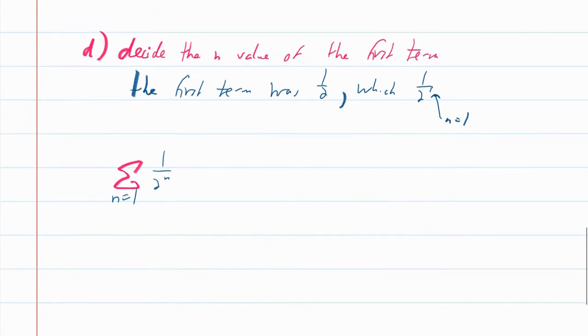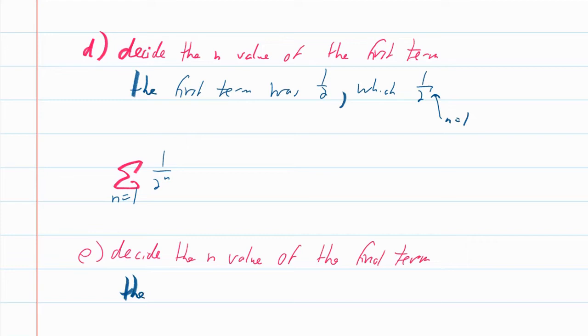And finally, we're going to decide the n value of the final term. And the final term up above, if you want to scroll up, you can see, was 1 over 1024, which is the same thing as 1 over 2 to the 10th.